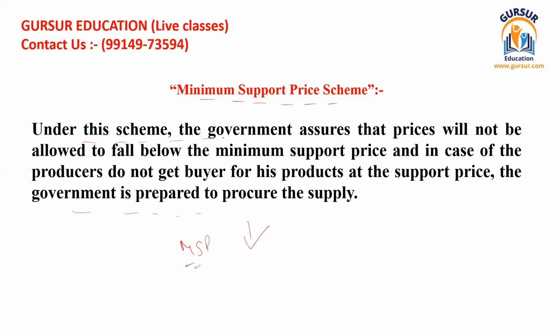Under this scheme, the government assures that prices will not be allowed to fall below the minimum support price, and in case the producer does not get a buyer for the product at the support price, the government is prepared to procure the supply.